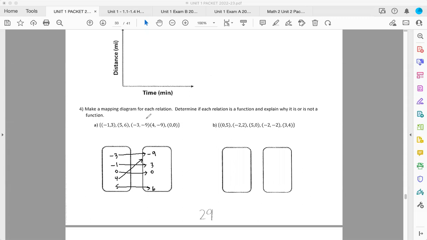Okay, now the question was, is it a function? Remember, we can have 2 values from x map to 1 value from y. That's okay.